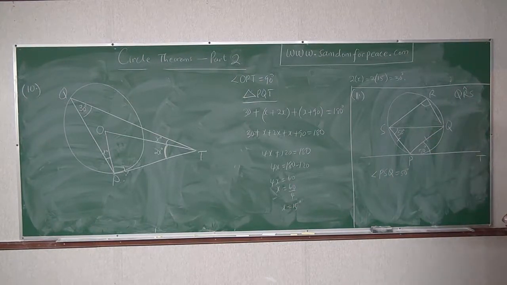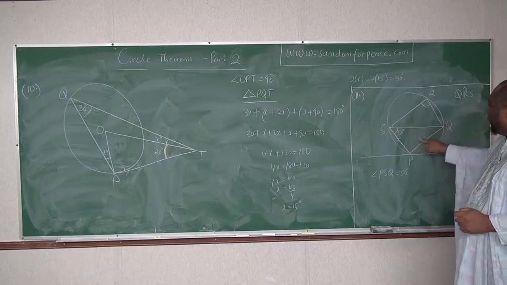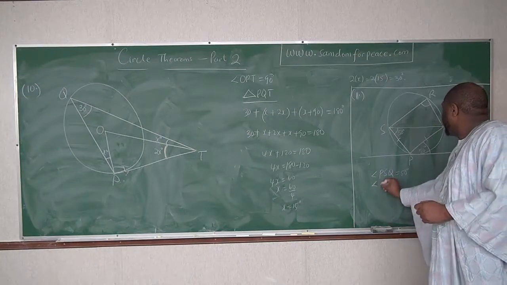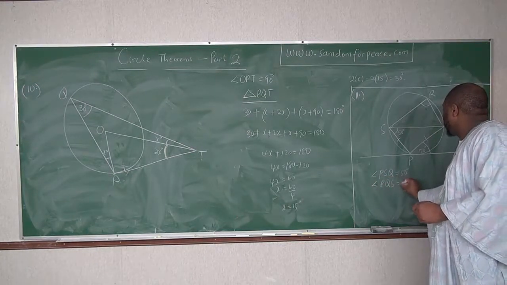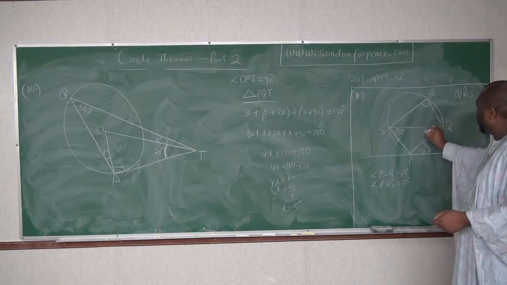Reason: angle between a tangent and a chord is equal to the angle in the alternate segment. Now because these are congruent, angle PQS is also equal to 50 degrees.